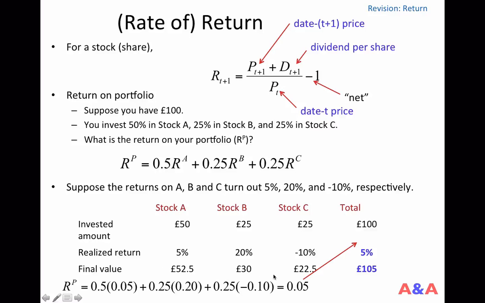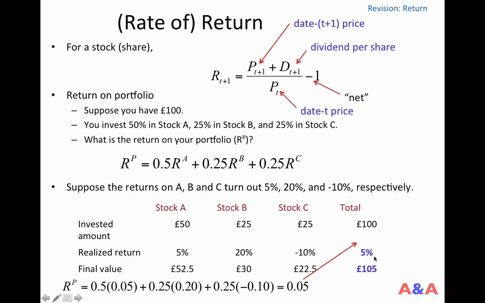The sum of these three numbers, 52.5 plus 30 plus 22.5 equal 105 pounds. You originally invested 100 pounds. Now your portfolio is worth 105 pounds. So the return on your portfolio is 5%.